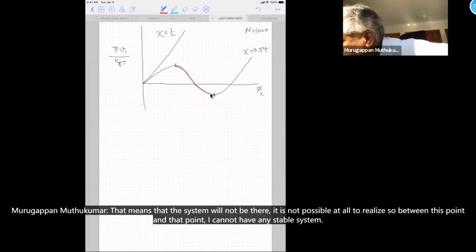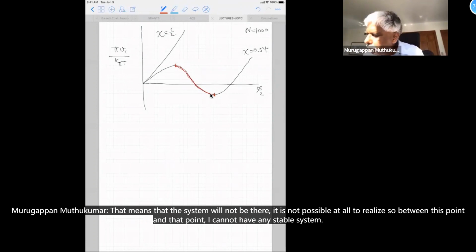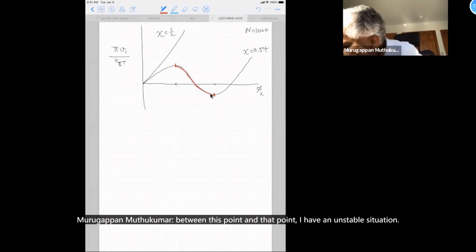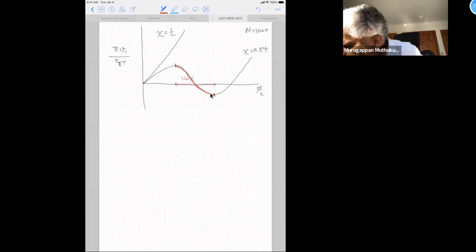That means the system will not be there. It is not possible at all to realize. So between this point and that point, I cannot have any stable system. Between this point and that point, I have an unstable situation. It is not possible.